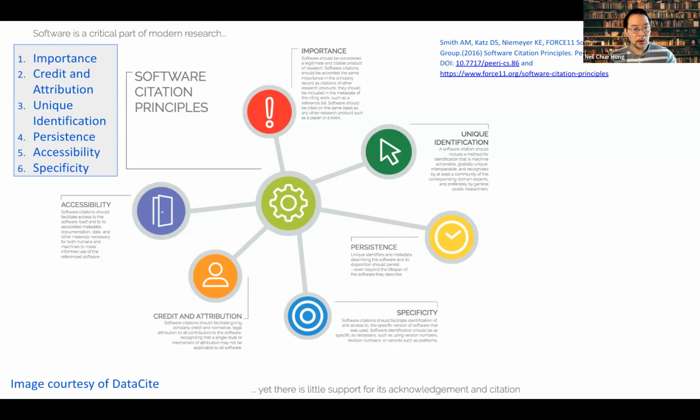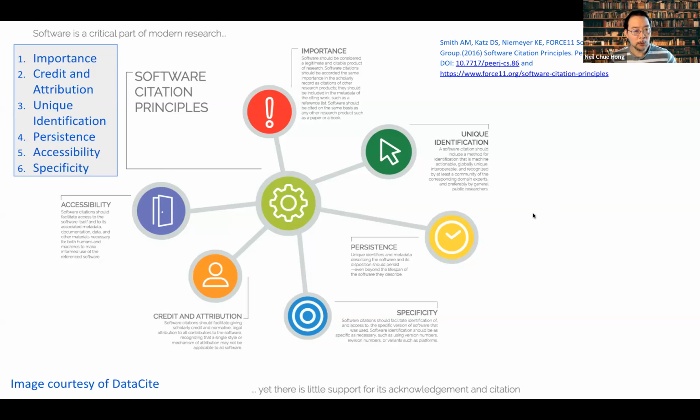And so these are all around why software citation is important, ranging from making sure that we can do proper credit and attribution, to ensuring that we have persistence of the identifiers and metadata, and making the software accessible.